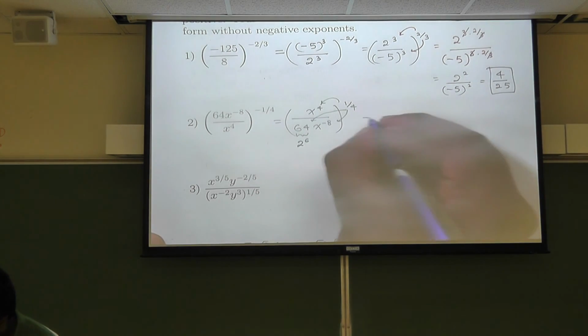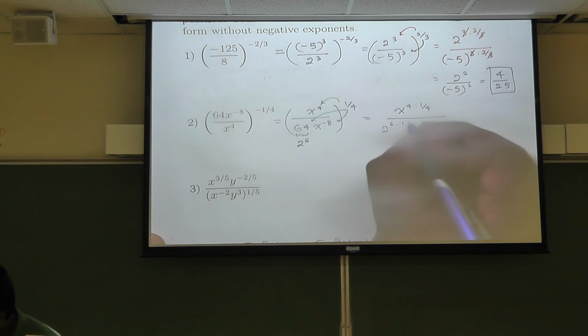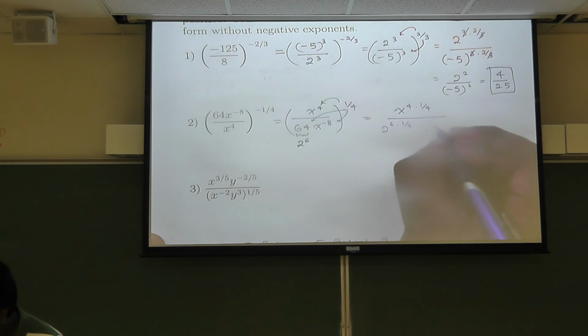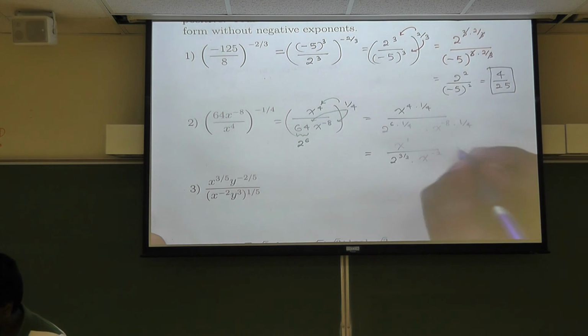Okay, so let's see what I get here. X to the power 4 times 1 over 4 divided by 2 to the power 6 times 1 over 4 times x to the power negative 8 times 1 over 4. So I end up with x to the power 1, 2 to the power 3 over 2, and x to the power negative 2. And then I can move this x to the power negative 2 up.